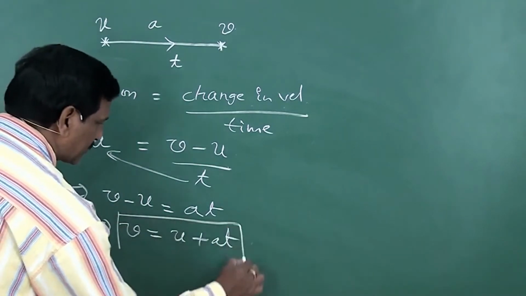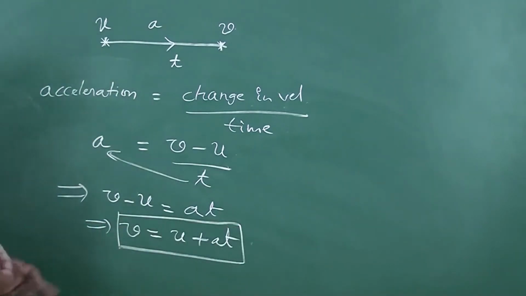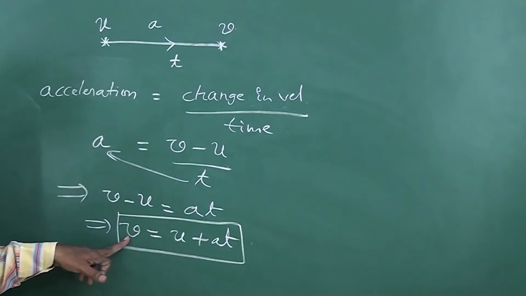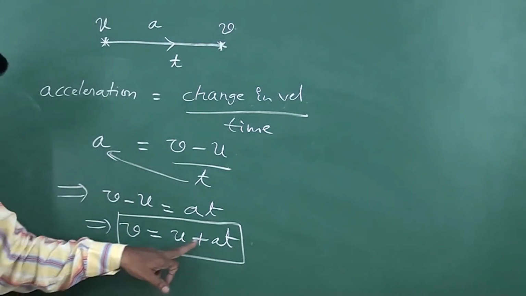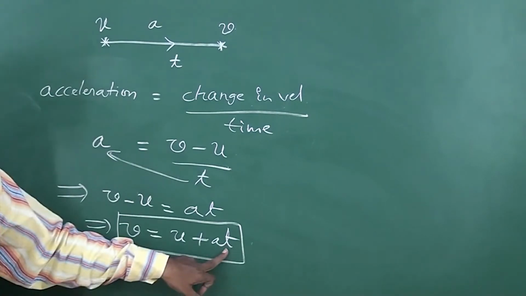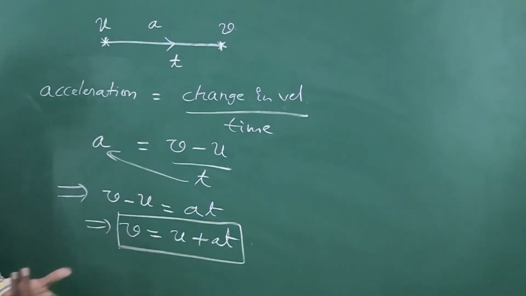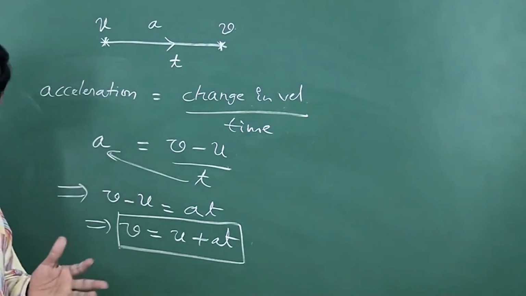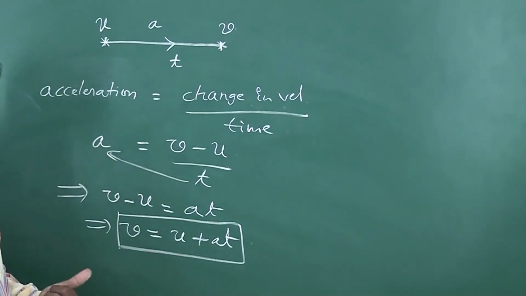So this equation represents the final velocity. If you know the initial velocity and acceleration, then you can find the velocity after a time t. That is the future velocity of the body: velocity of the body after 5 seconds, after 10 seconds, like that.